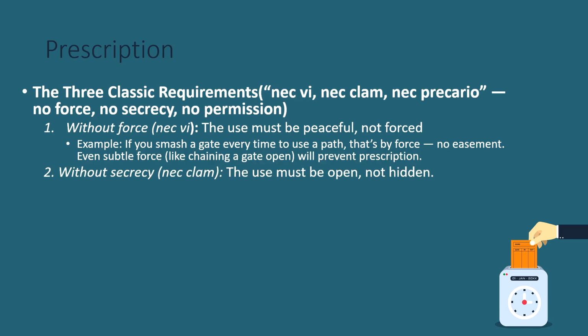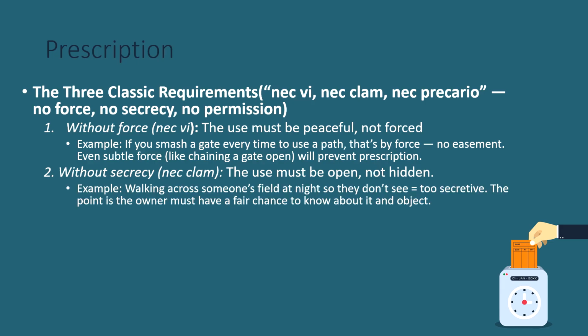Now, the second one, without secrecy, should also be fairly self-explanatory, because we are assuming that the landowner is actually tolerating something for 20 years. They are aware of it, but they aren't actually doing anything about it to stop it. And this means that they must reasonably be aware of the situation.